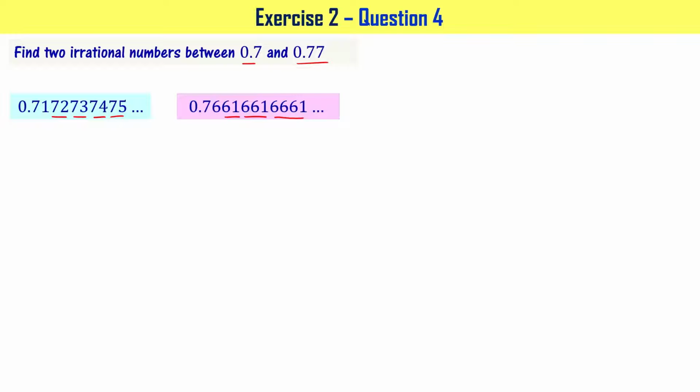So this is also a non-terminating, non-recurring decimal, right? That's why this is also an irrational number, right? So we have written two irrational numbers between 0.7 and 0.77. You see, this is greater than 0.71. This is greater than 0.76 but less than 0.77, right?